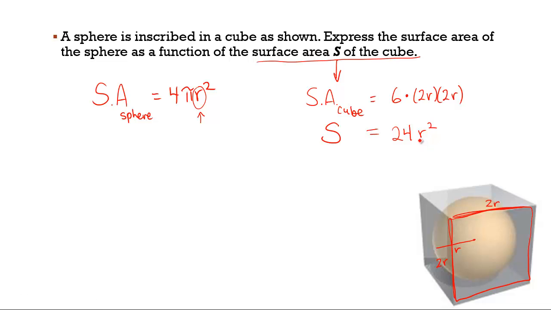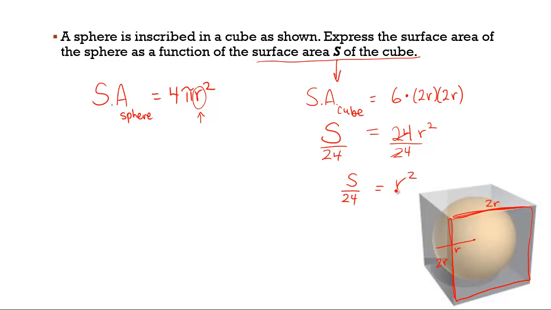So if we could just get r by itself, then we could plug it back in here and have the formula that they have asked us for. So let's divide both sides by 24. We get r squared is equal to s over 24.